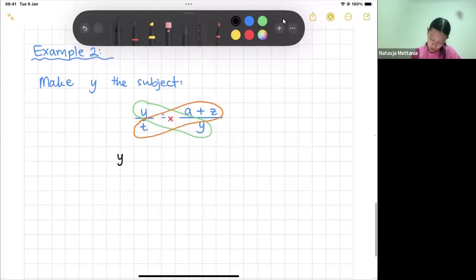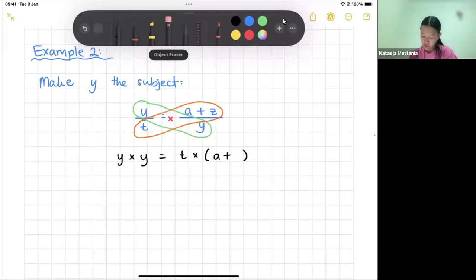y times y. I'm multiplying those two. And then the other side is going to be t times bracket a plus z. Hopefully that makes sense.